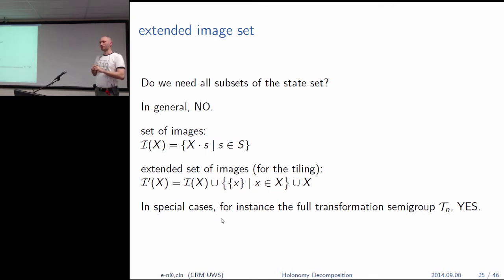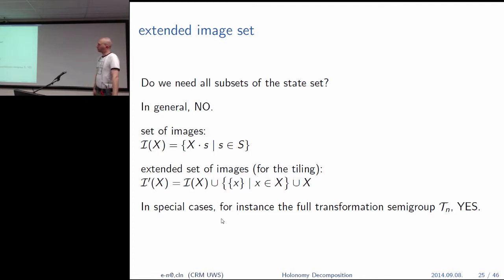So imagine you have a semigroup which consists of only one constant map to state 1. Well, all the subsets you have to consider are the set itself and the singleton set 1, instead of 2 to the power n, which is the size of the power set. But of course, in special cases, for instance the full transformation semigroup, where you have all transformations, in order to do the Holonomy decomposition you really have to take this big set and calculate with it.